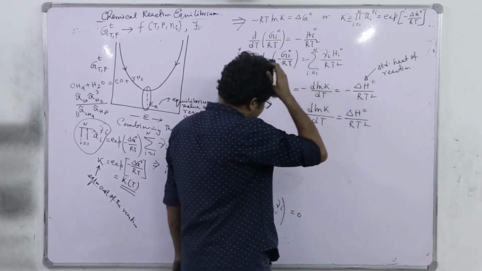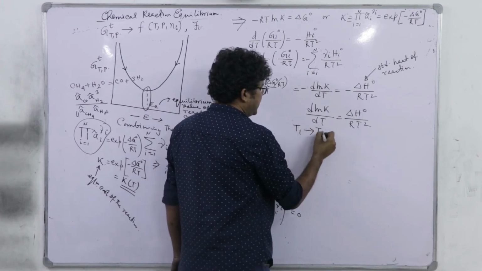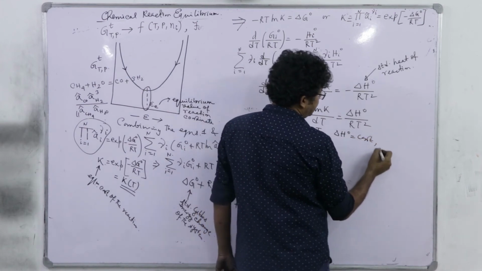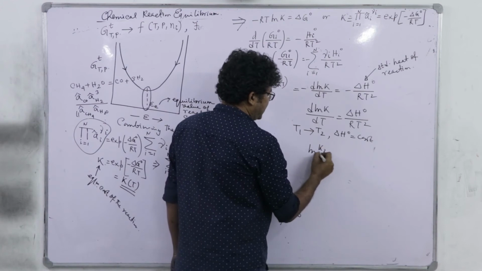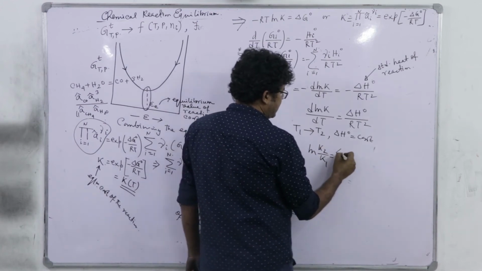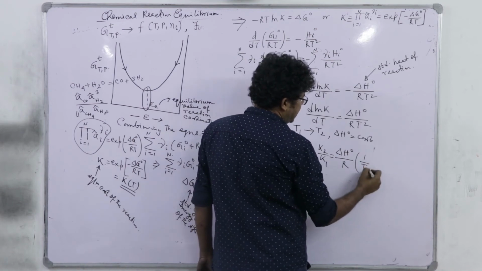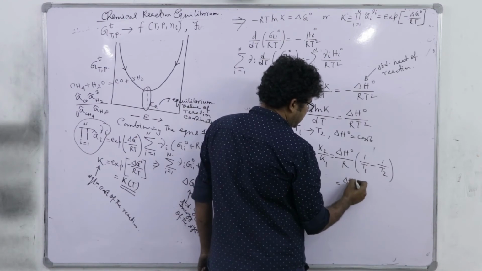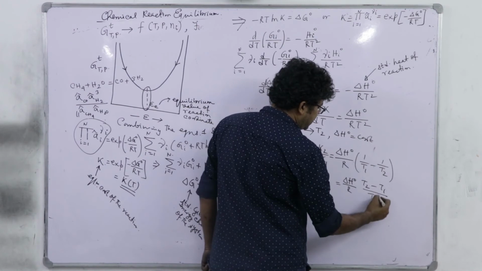Now, for a tentative approximate analysis, if I consider this del H naught to be constant, we have ln of K2 by K1 equal to del H naught by R into (1/T1 minus 1/T2), which is del H naught by R times (T2 minus T1) divided by T1 T2.